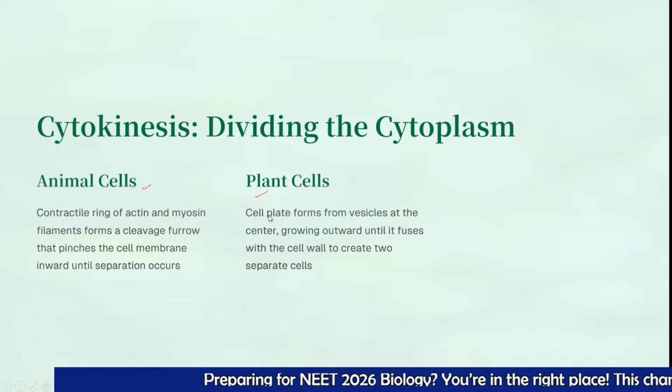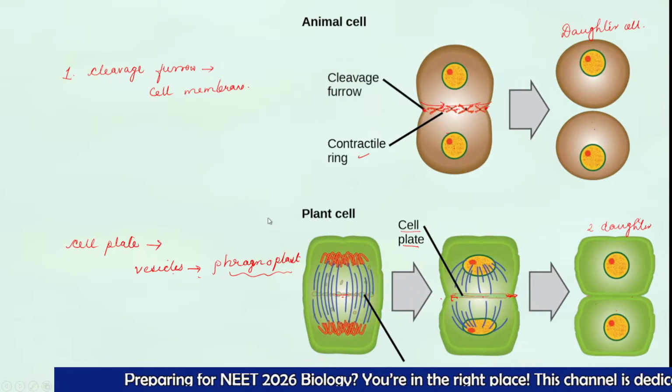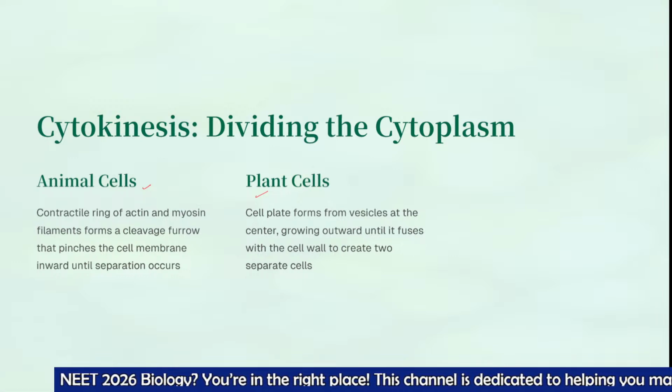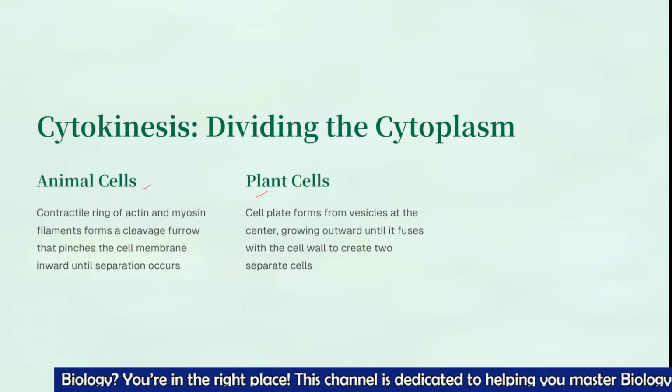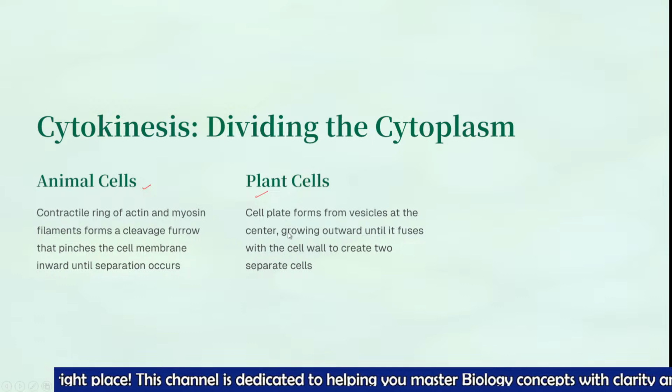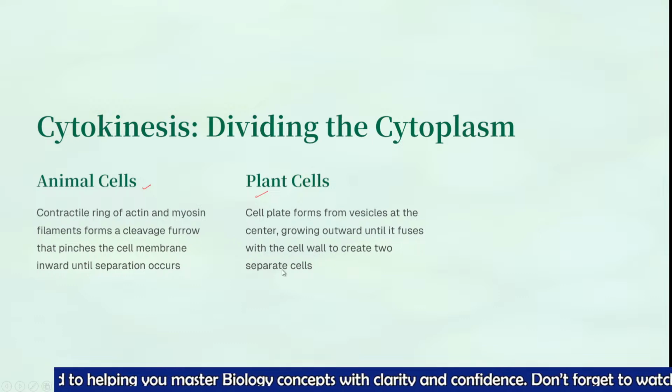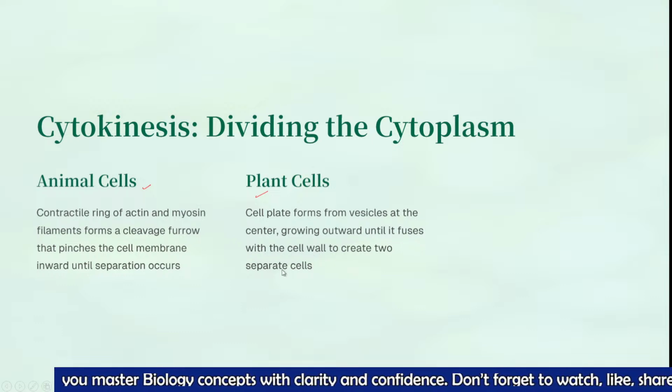In plant cells, a cell plate forms from small vesicles. And what is the name of the vesicle? It is called the phragmoplast, formed from the Golgi complex. These cell plates grow outward until they fuse with the cell wall to create the two separate cells.